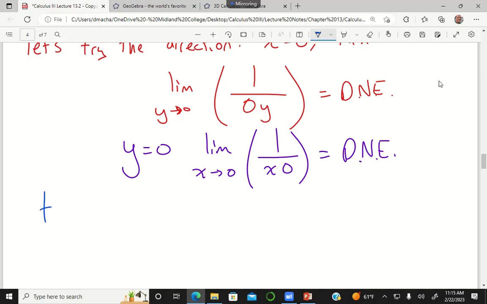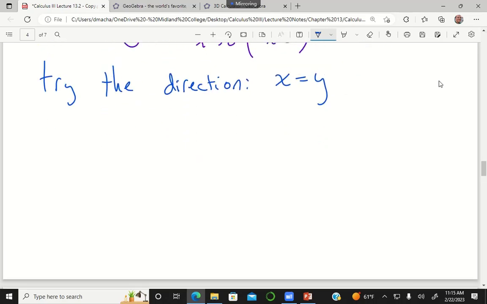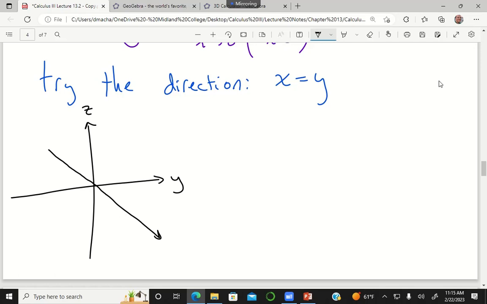What if I try the direction x equals y? And maybe I should be more specific about what we're doing whenever I try a direction. So here's my space, my xyz space.